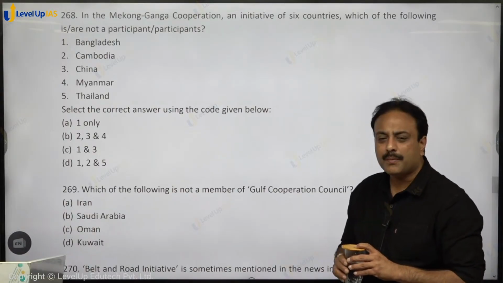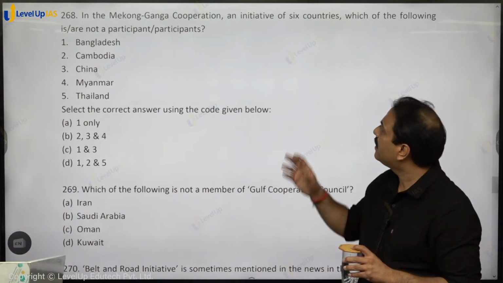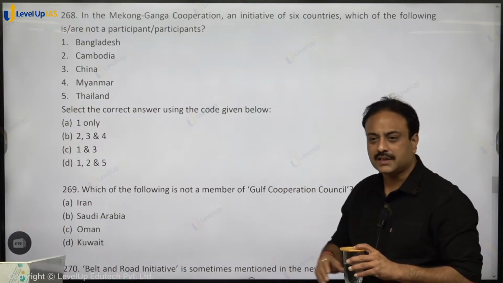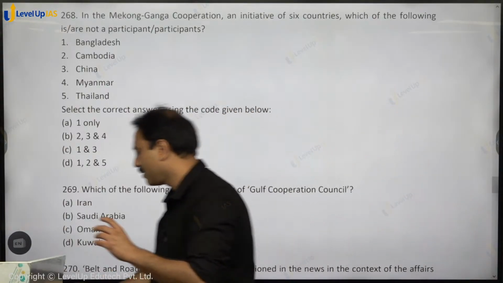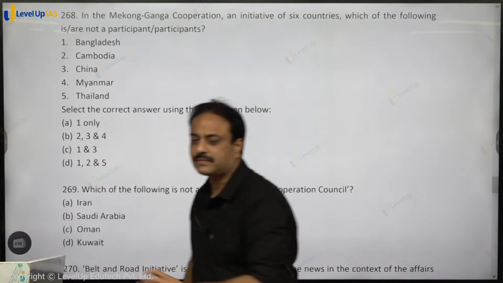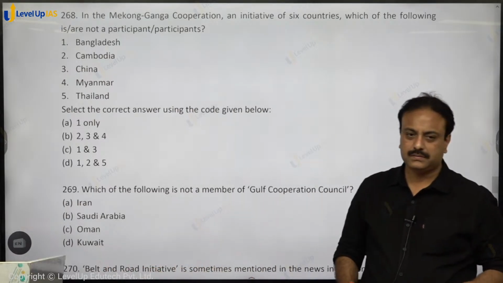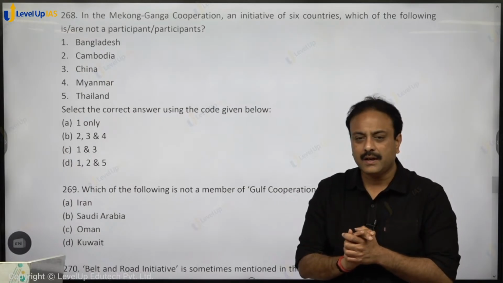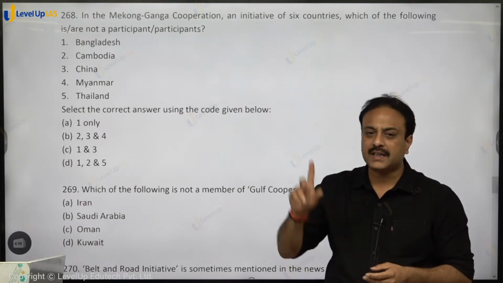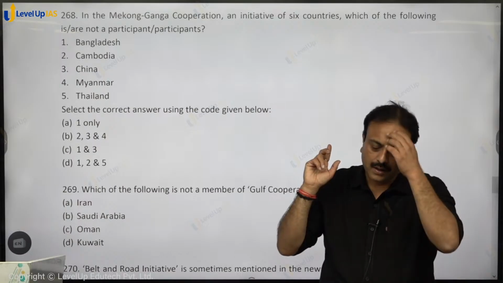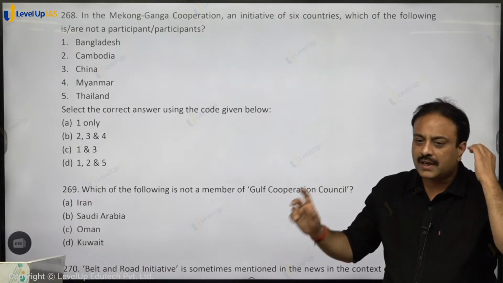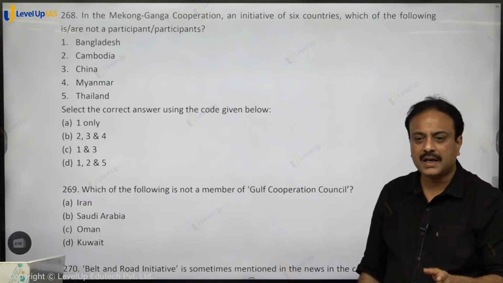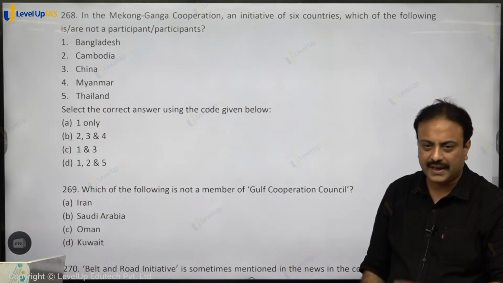Now Mekong-Ganga Cooperation has 6 countries. What are the 6 countries? There are 10 countries of ASEAN. Out of those, 5 countries are over here: Myanmar, Thailand, Laos, Vietnam, Cambodia, and India.